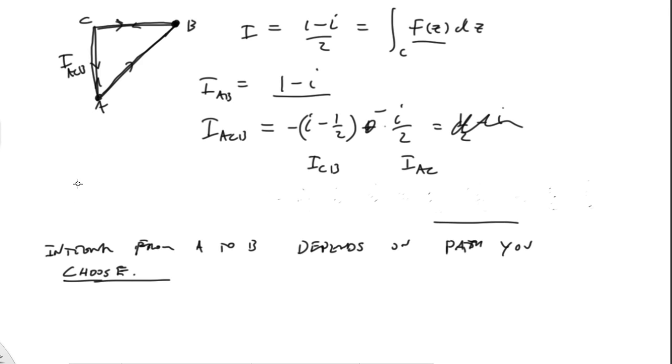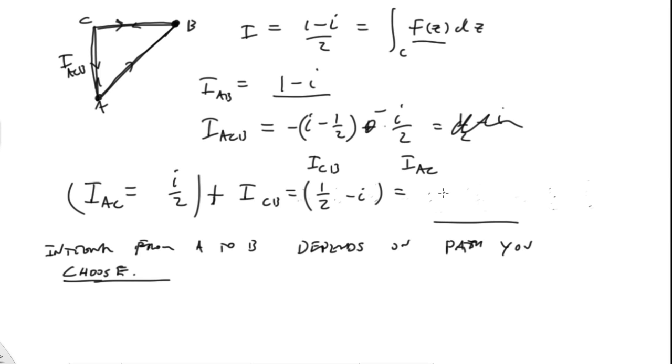It turns out that integral AC is going to be equal to the value I over 2, and the integral CB is equal to 1/2 minus I, the sum of which, if I add these two together, is going to be equal to 1/2 minus I over 2, which of course is not equal to 1 minus I. So again, the integral from a to b does depend on path.